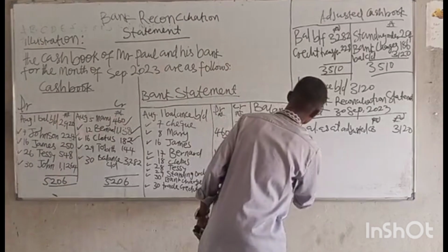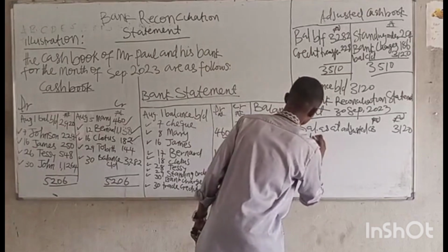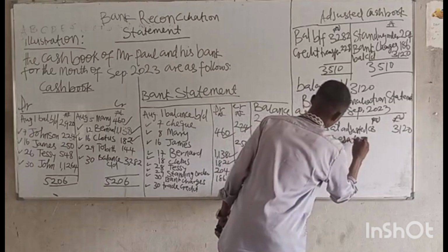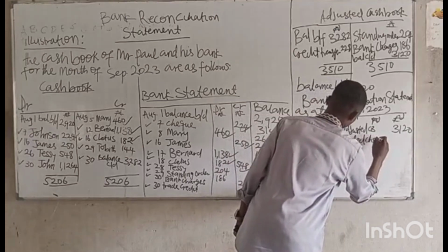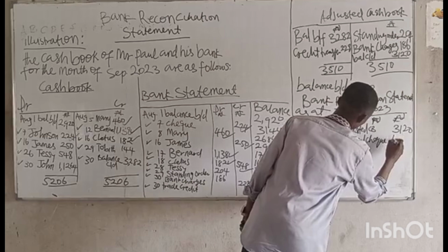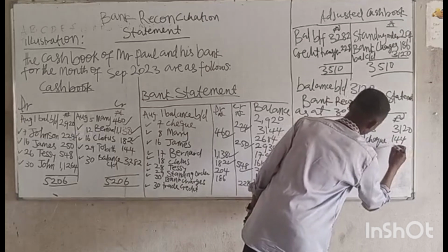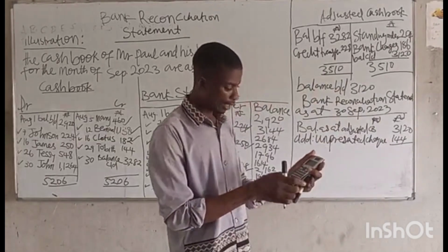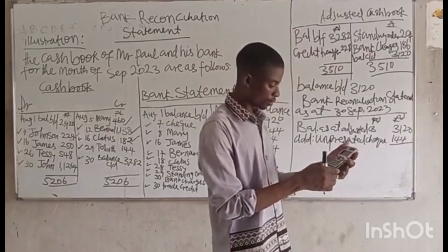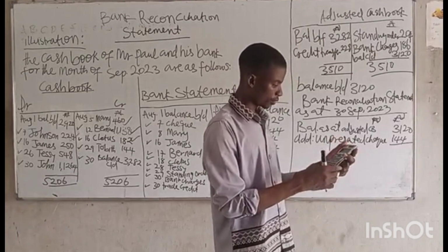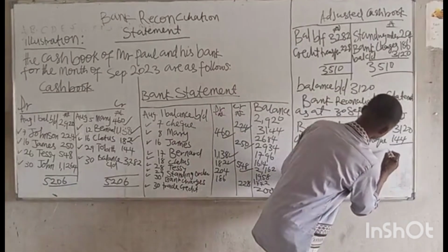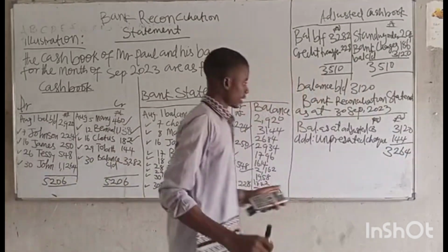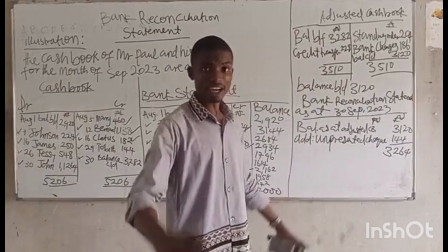So we add, we total it: 3,120 plus 144, we have 3,264. Then from here we will less the uncredited check.